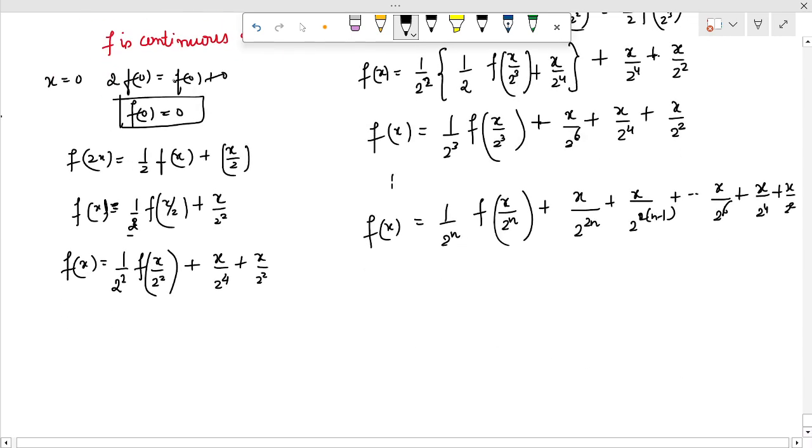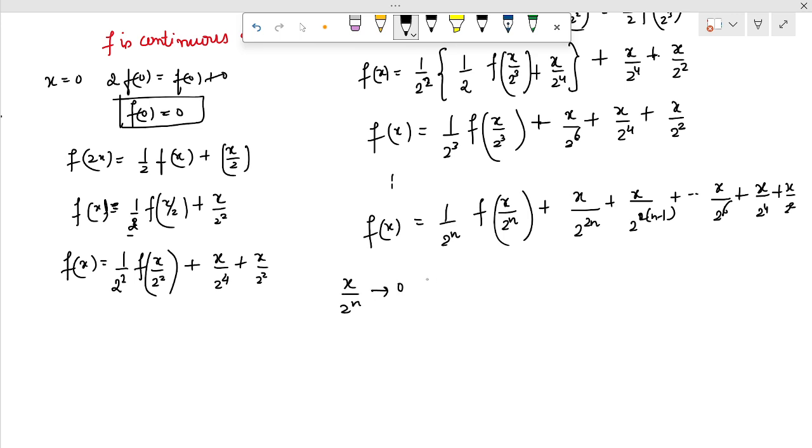I already know that the function is continuous at 0. So x upon 2 raised to power n converges towards 0 for all x belonging to R. Since the function is continuous at 0, f of x upon 2 raised to power n converges towards f of 0, which is certainly 0.